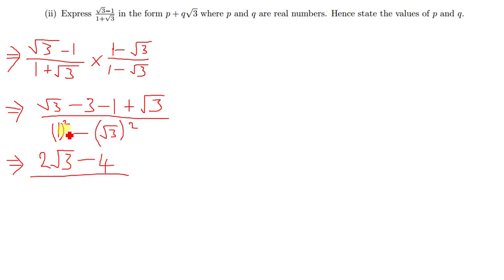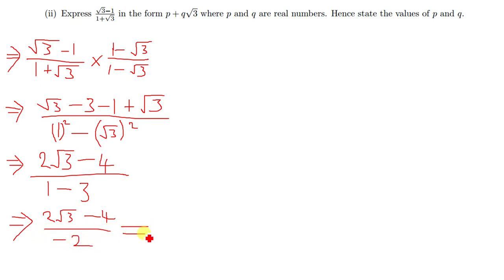Then 1 squared will give you 1, then minus the root of 3 squared will give you 3. So when you simplify this, you just get 2 root 3 minus 4, then everything divided by negative 2.